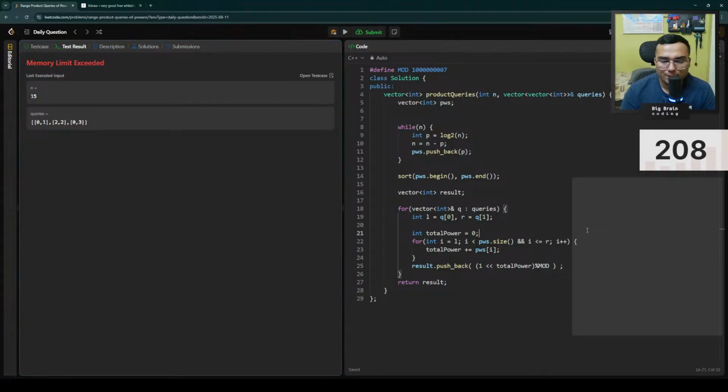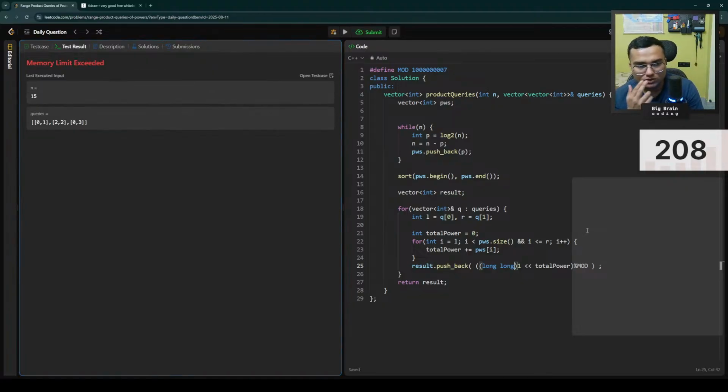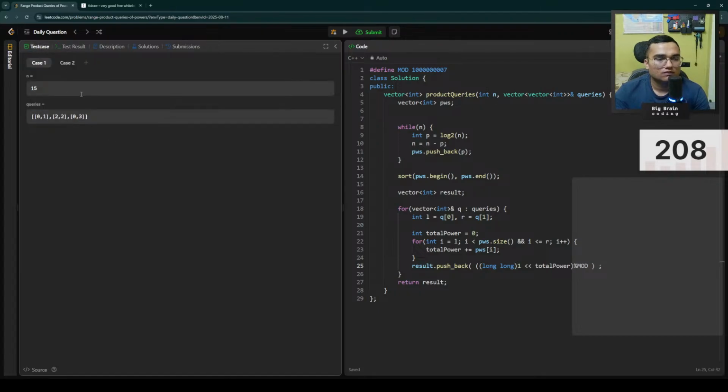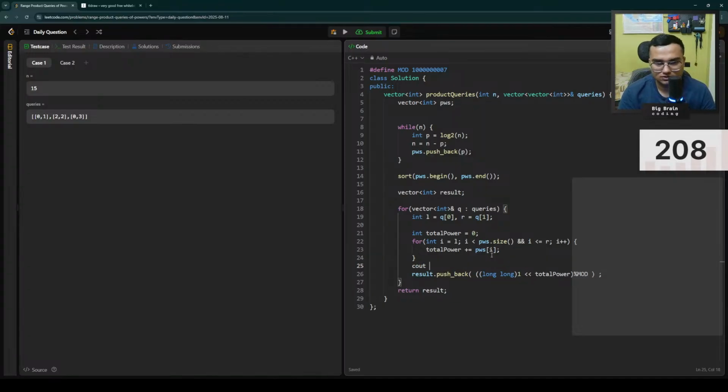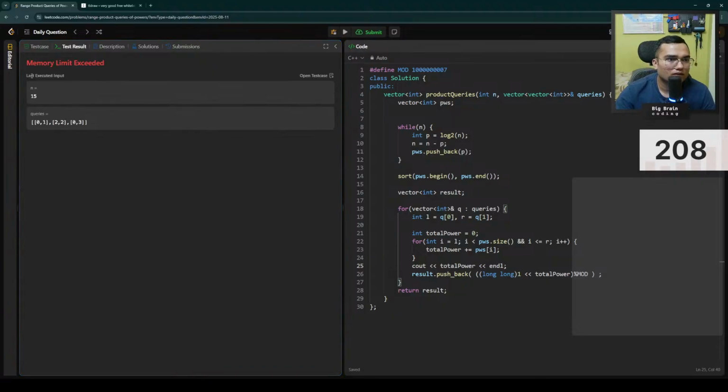Memory limit exceeded. Long. Bro, this is not even that hard, man. See out total power.